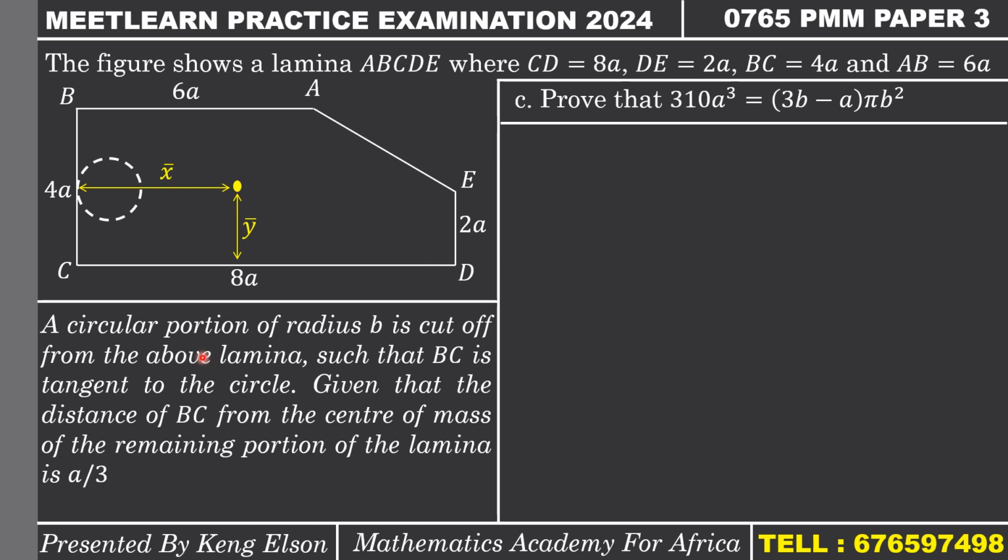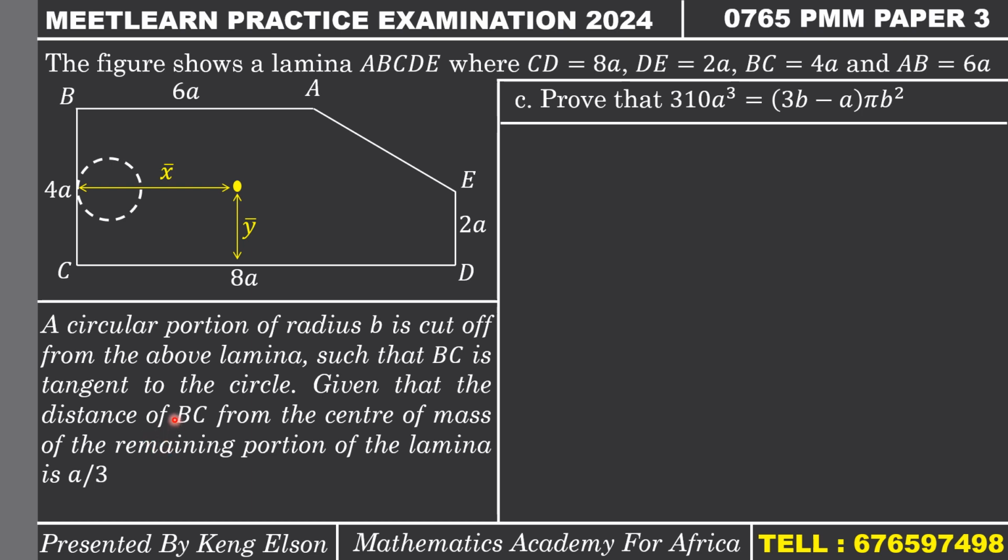Okay, now for question C, we have an instruction. What is the instruction? A circular portion of radius b is cut off from the above lamina such that BC is tangent to the circle. So the circle is touching BC at one point.